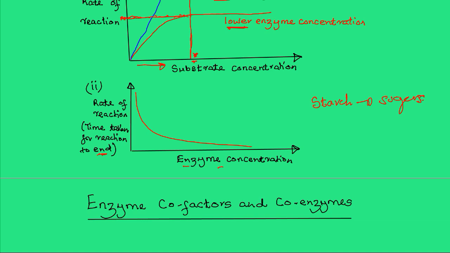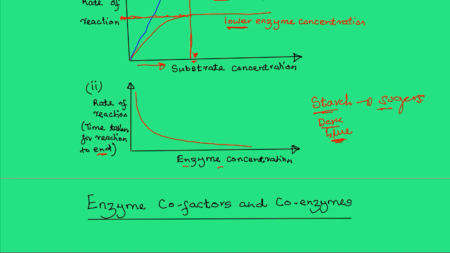When you combine starch and iodine solution, we get a dark blue color. So the presence of starch is marked by the dark blue color. So by adding different concentrations of enzyme, we can monitor how long it will take for this dark blue color to disappear, because when all the starch is broken down into sugars, then sugars do not react with iodine solution, so this dark blue color is going to disappear.